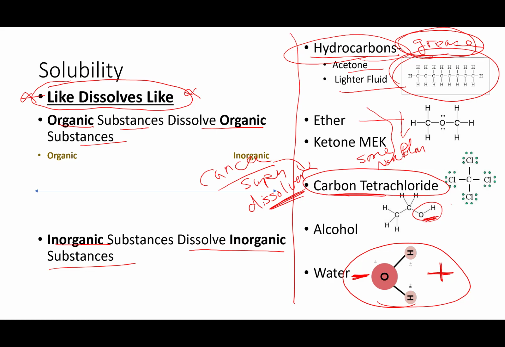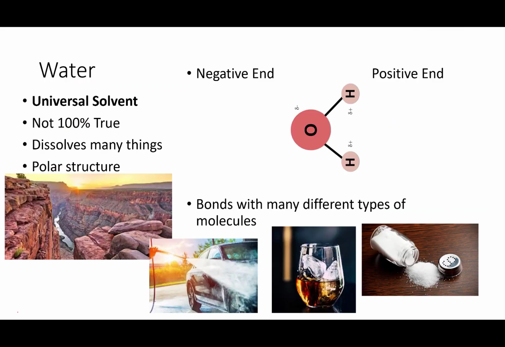The challenge with that is these chlorines are so strong at pulling at other electrons and causing chemical reactions that they can cause damage to biological systems. So most people who handle carbon tetrachloride have to have special training and licenses to do so.